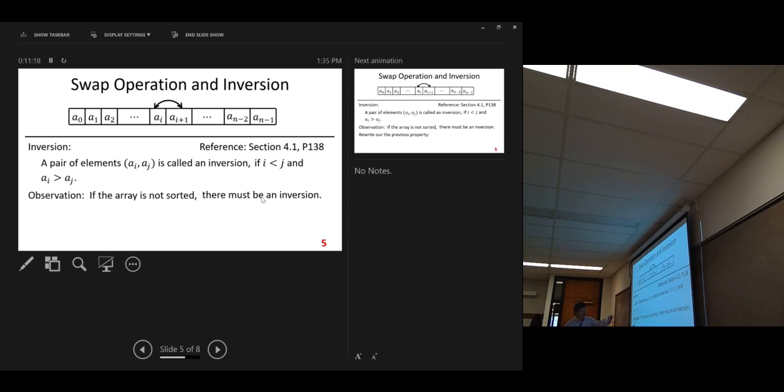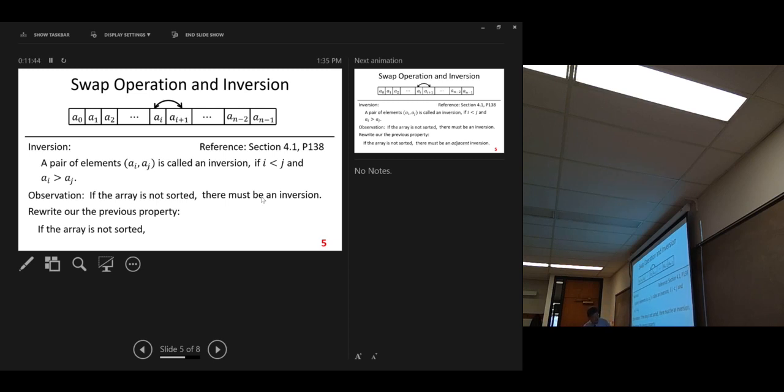Adjacent or not, there must be an inversion. But can we say a little more? We rewrite our previous property. In this observation, we do not say whether the two elements are adjacent or not. Can we make a stronger claim?